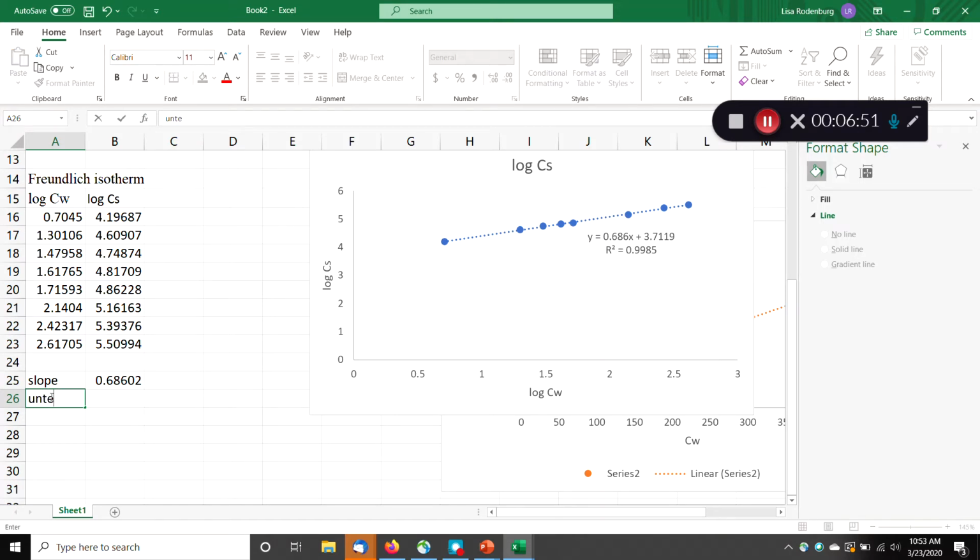And here's my intercept, y comma x. Should be the same number, 3.7119. And then just for fun, we can calculate our R squared, RSQ, y comma x.